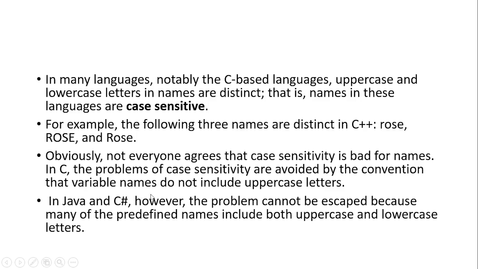In Java and C#, the problem cannot be escaped because many of the predefined names include both uppercase and lowercase letters, as you know. In Java, that is a usual practice.